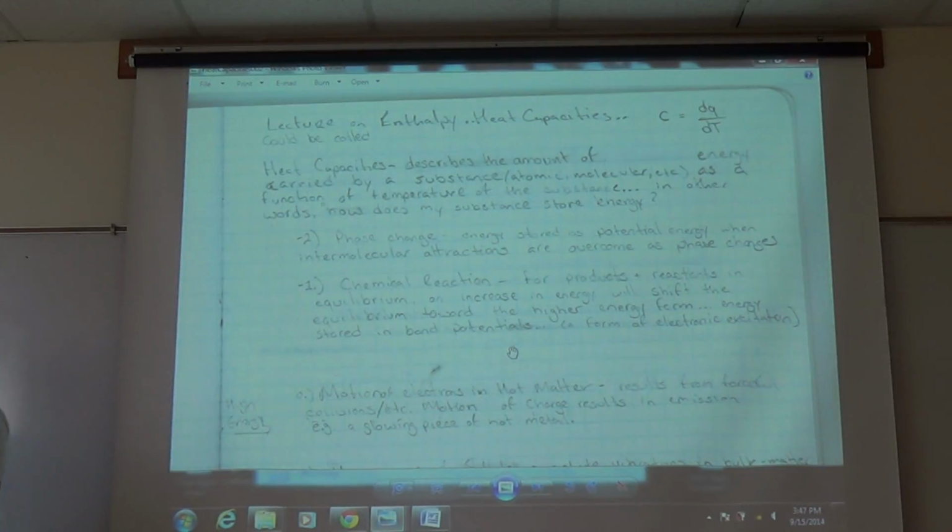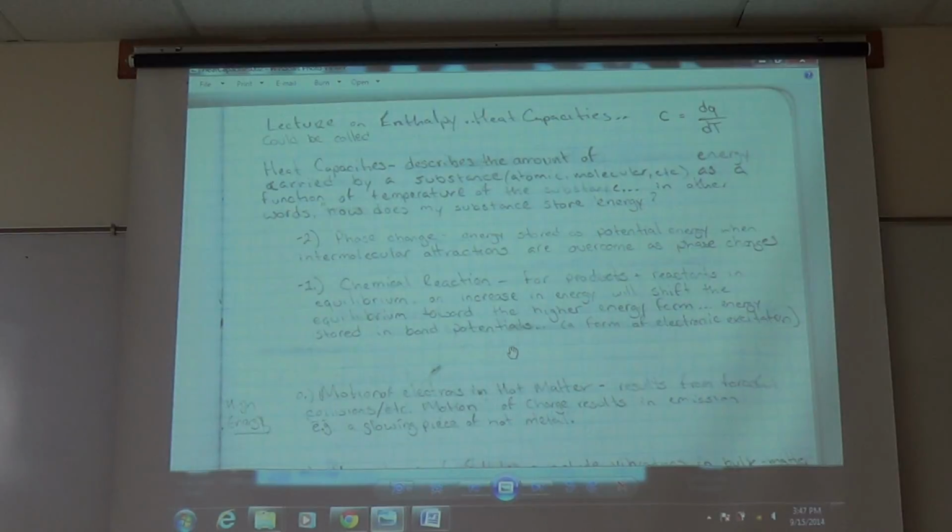And so an analogy that I like to use for temperature is it's a measure of how much thermal energy is available in the environment around you. So the hotter the environment is around you, the more energy that is out there and that you're able to take in if you have a temperature difference between you and the environment.